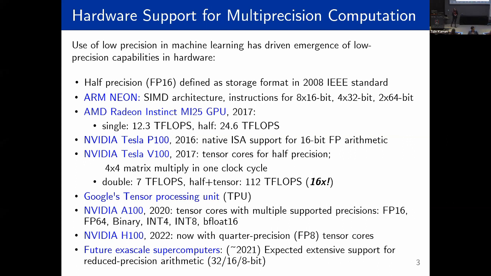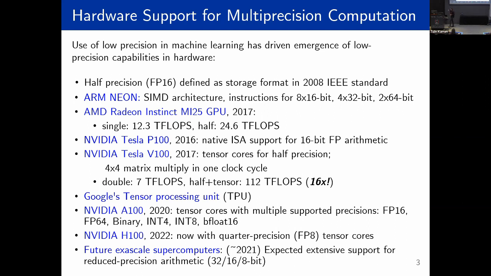Since then, we've seen a list of hardware emerge that has these capabilities. Some notable ones are NVIDIA GPUs. A major innovation with the V100, which came out in 2017, was tensor cores, or tensor core instructions. These enable you to do a 4x4 matrix multiply in a single clock cycle, which means half precision is not just 4x faster, it's 16x faster than just using double.